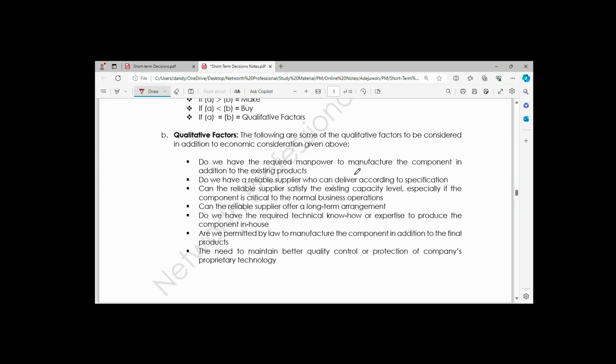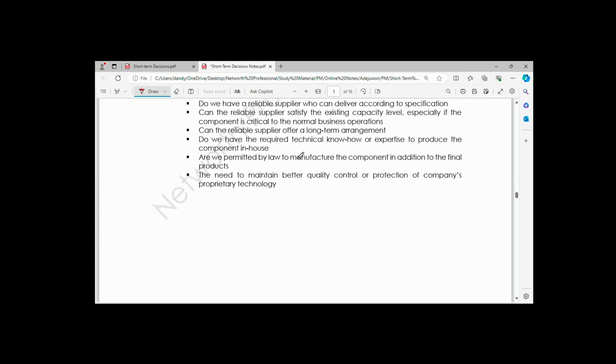Not that after a few years down the line there will be an issue and they won't be able to supply the company again. So before the final decision is taken, these are the critical questions the company will need to ask itself. So you can read it in your material.